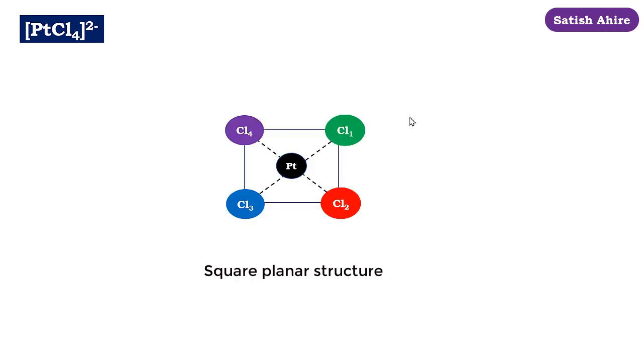Let's consider an example of PtCl4 complex. It includes first C2 that passes through these atoms, and it includes second C2 that passes through these atoms.